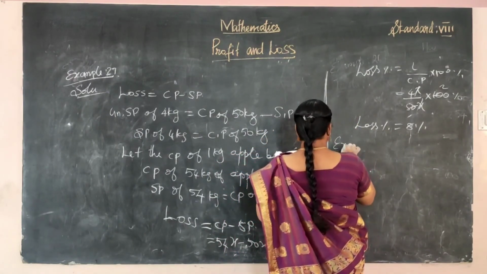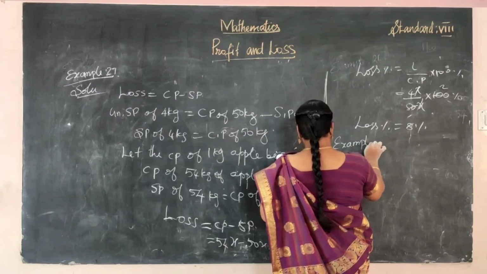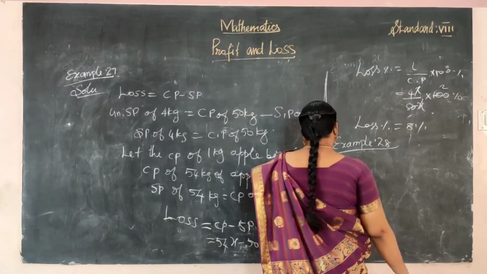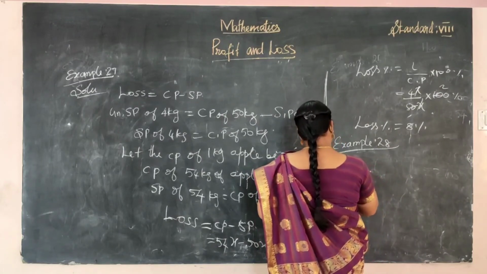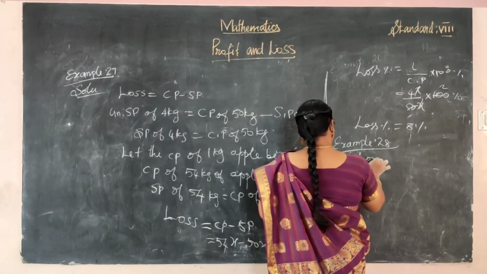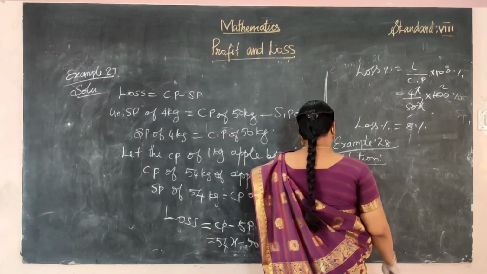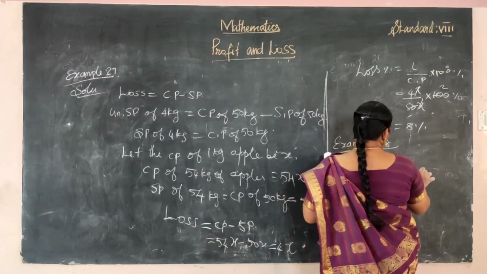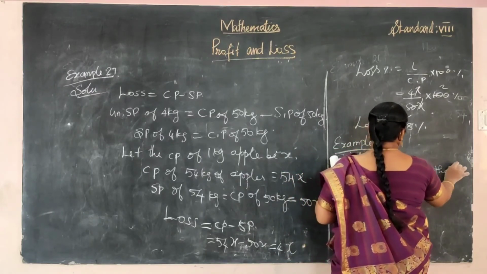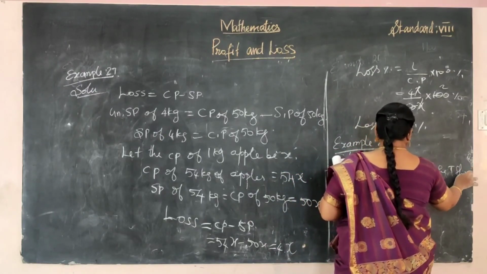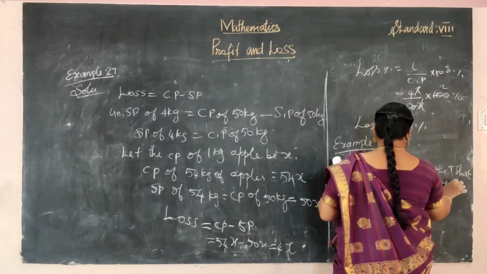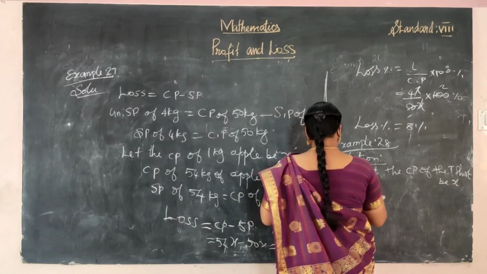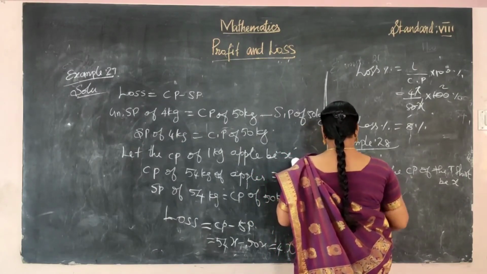So example 29. Let the cost price of the t-shirt be x. Then SP, what is the formula?